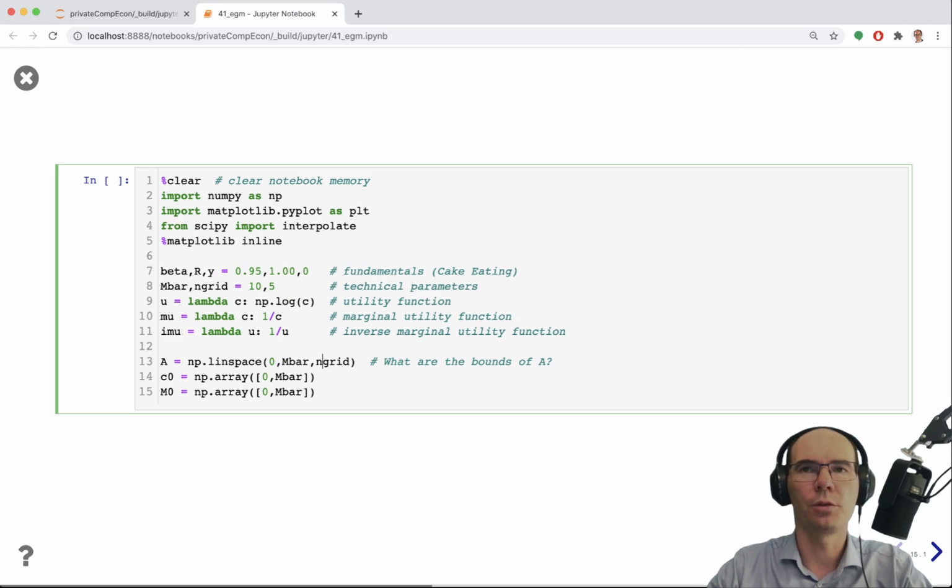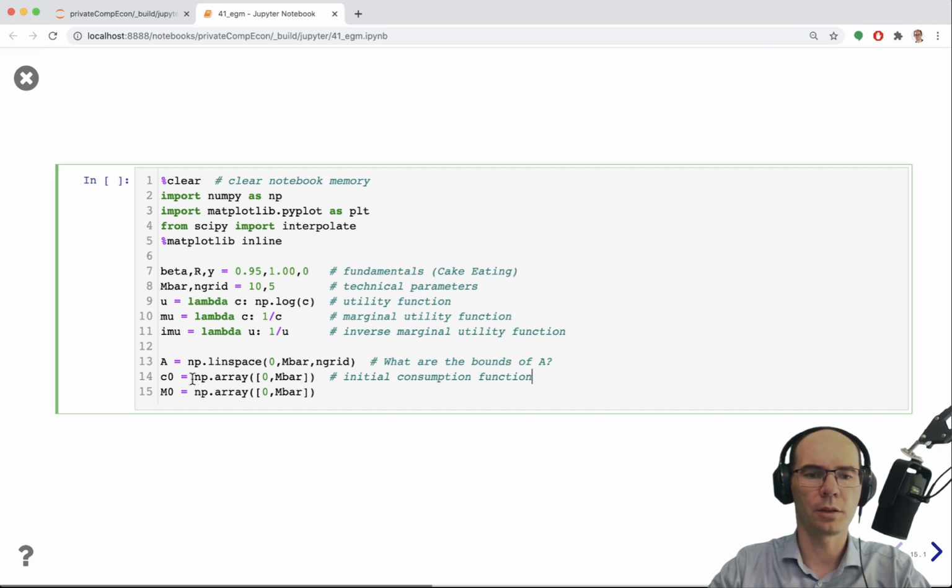But the question that you should think about is how do these bounds change if the restrictions on the consumption choice change in the original problem? And then here's our initial consumption function.